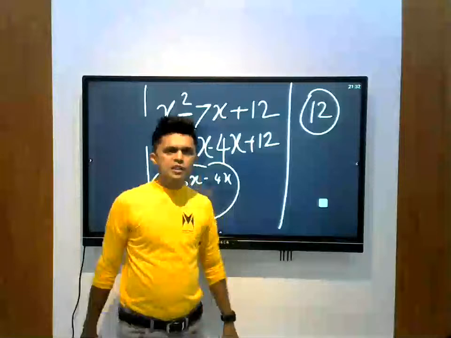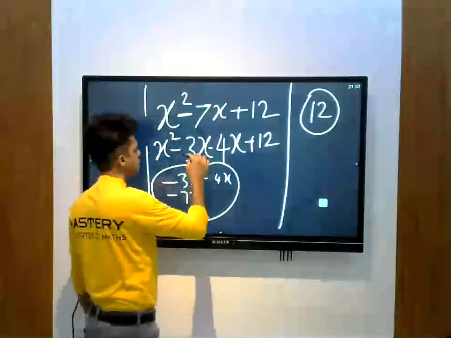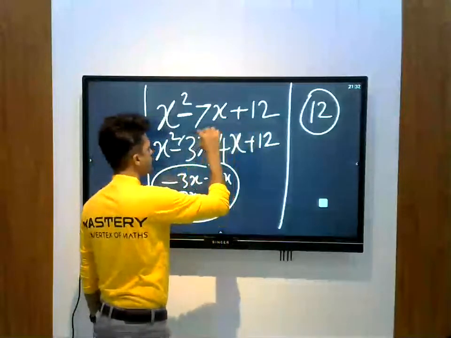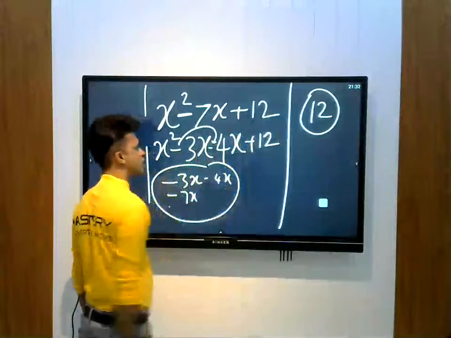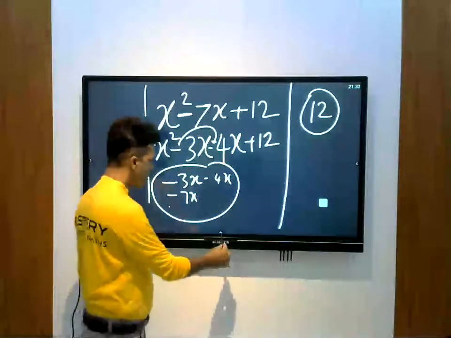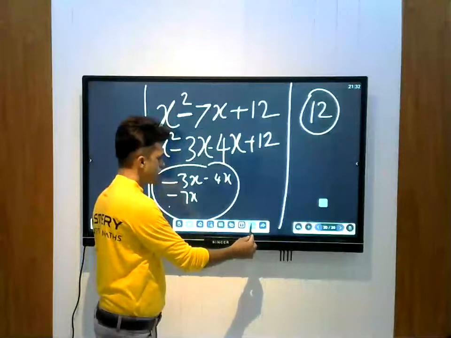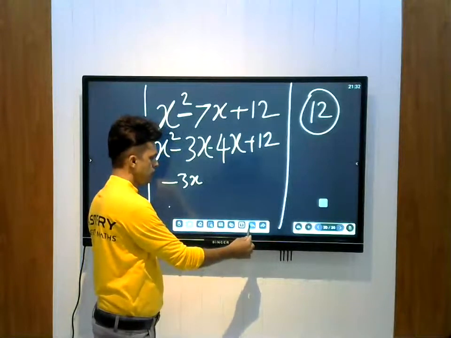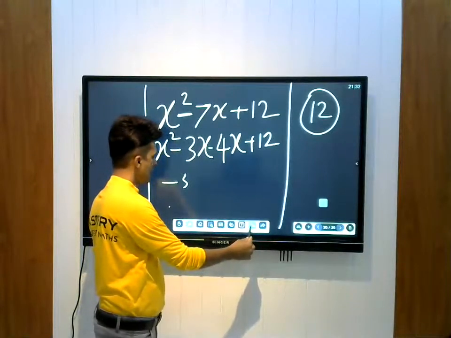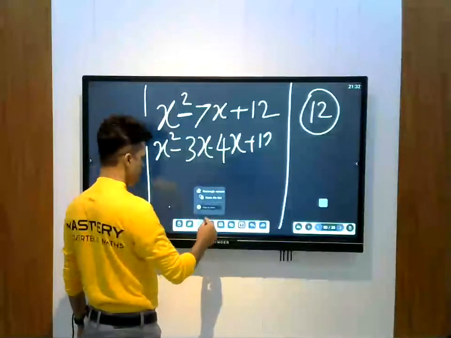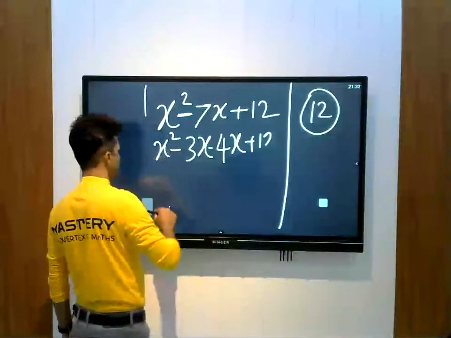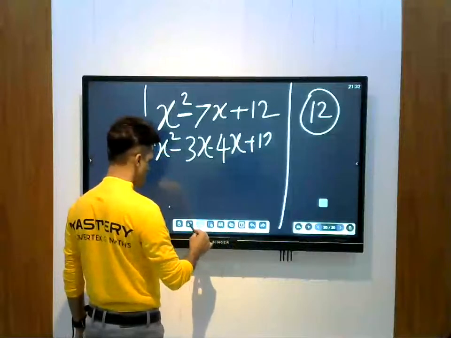Not only that, when you multiply these two terms, minus into minus is plus, and 3 times 4 is 12. So let's factorize this one.